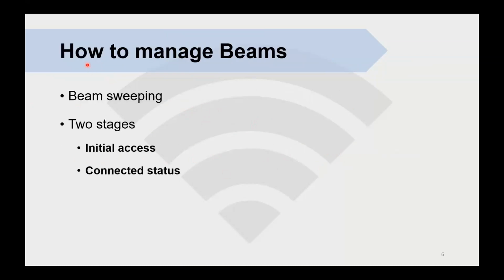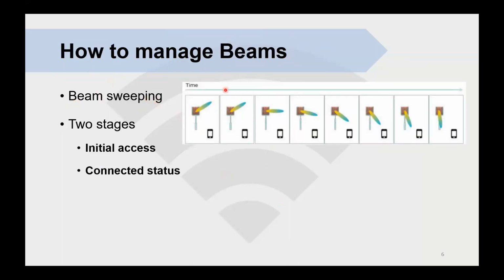So how to manage the beams? We want to talk about beam sweeping. Beam sweeping is transmitting the beam in a specific direction at a specific time, then changing the direction a little bit in the next time frame, and transmitting in a different direction in turn.